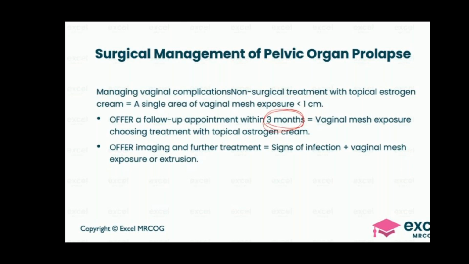So if there is a vaginal mesh exposure, you can give estrogen cream if the area of exposure is less than 1 centimeter square. Okay. And you may need to offer imaging to see where the mesh has gone and further treatment if there are signs of infection and vaginal mesh exposure or extrusion. Okay, so this again can be asked.